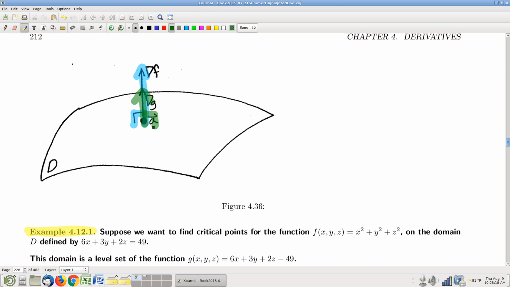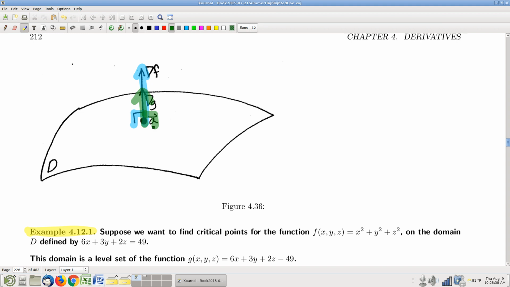Well, what I'm looking for is when is the gradient of f also perpendicular to the surface, in addition to gradient g. Let me say that differently. When is the gradient of f pointing in the same direction as the gradient of g? When is the gradient of f a multiple of the gradient of g?